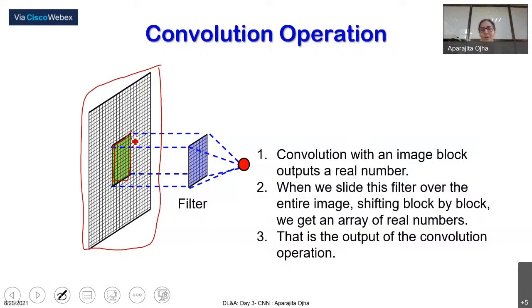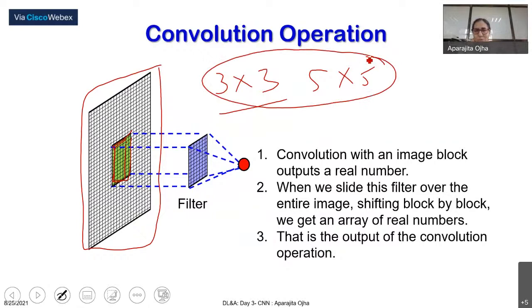Now, what I do is I use a filter. What is a filter? It is nothing but a block of the same size. Suppose it is a 3 cross 3 block or a 5 cross 5 block. This is a filter that I'm choosing here.